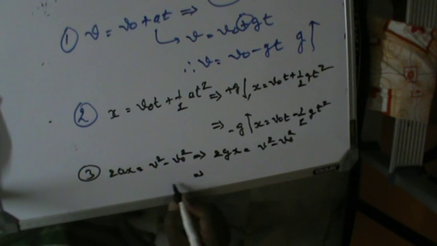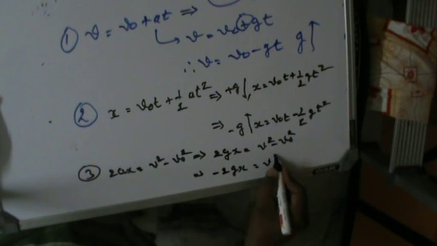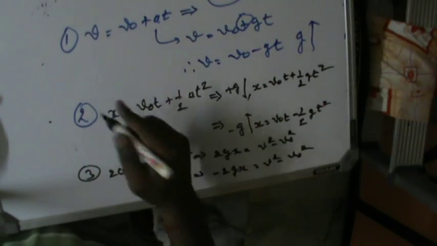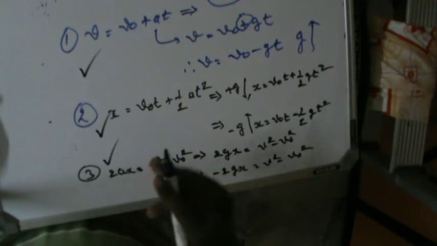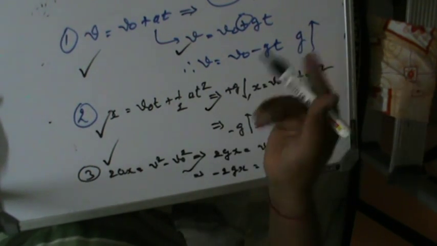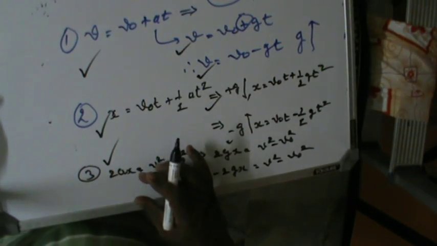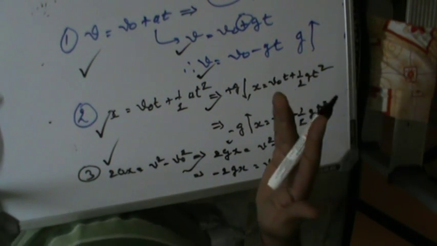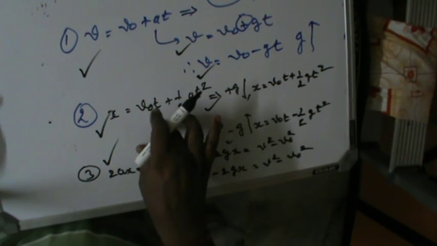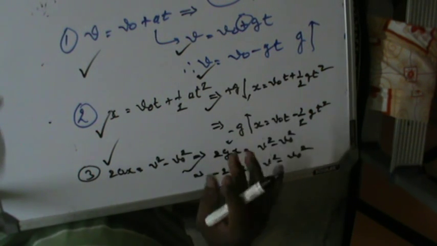For minus g: minus 2gx is equal to v square minus v0 square. So remember friends, these three equations transfer in the form of plus g, and again three equations for minus g. So in total you get 9 equations, which are useful in the numericals for physics. So we can calculate the numericals. Okay, thanks.